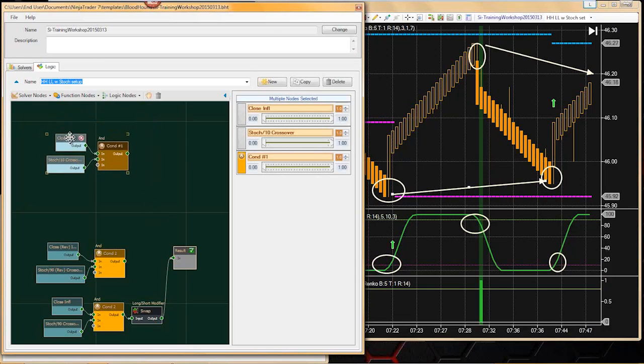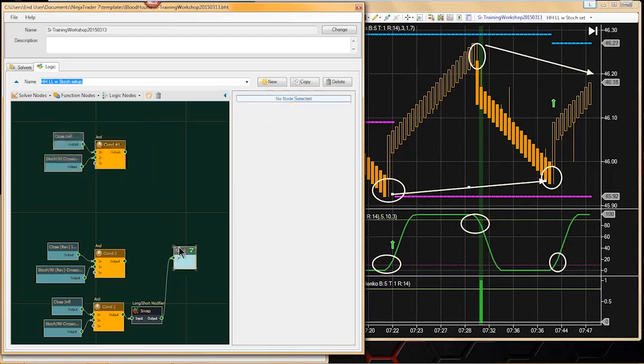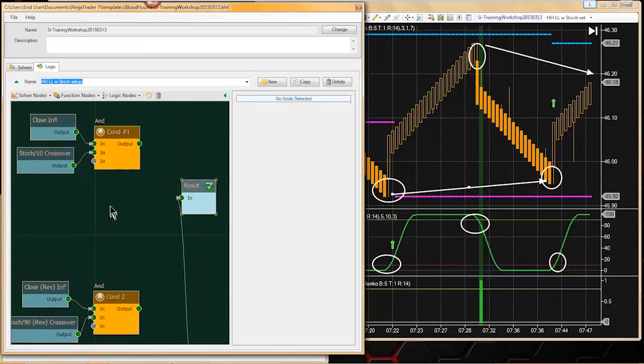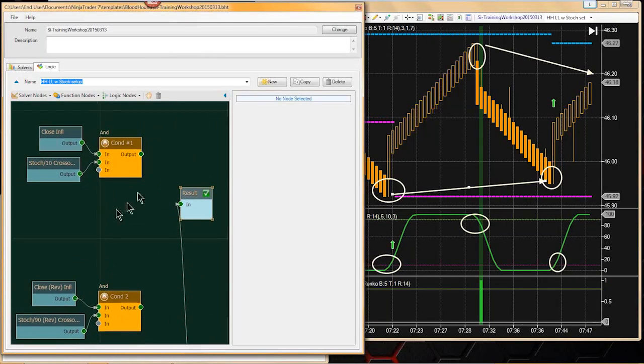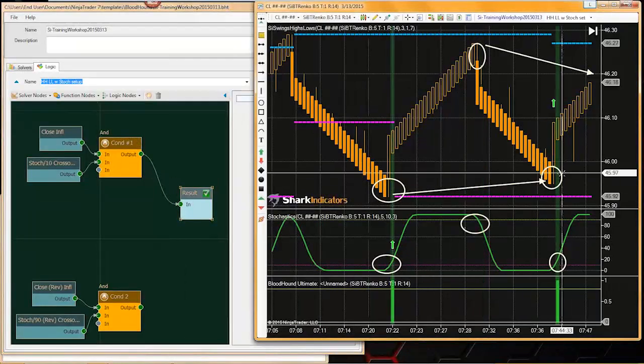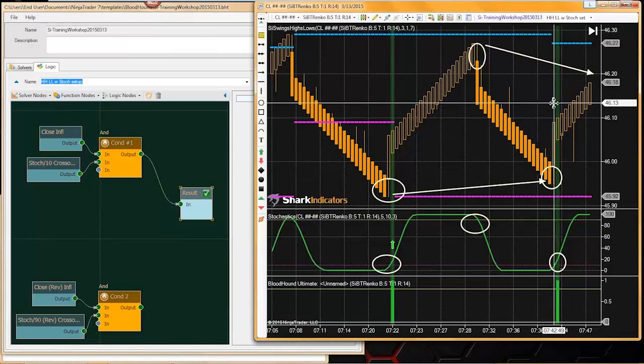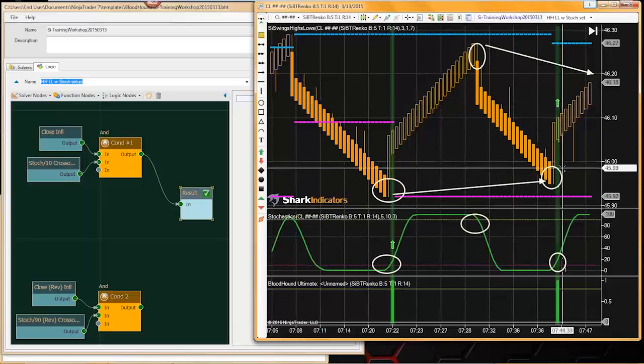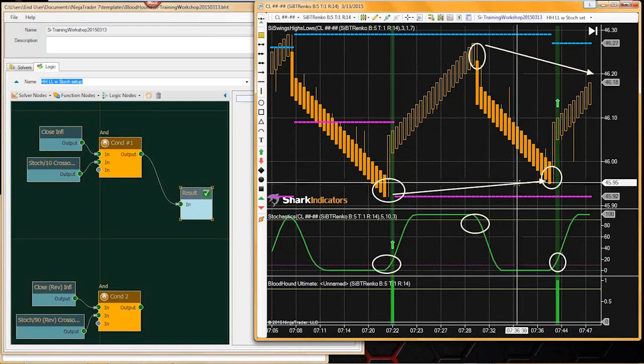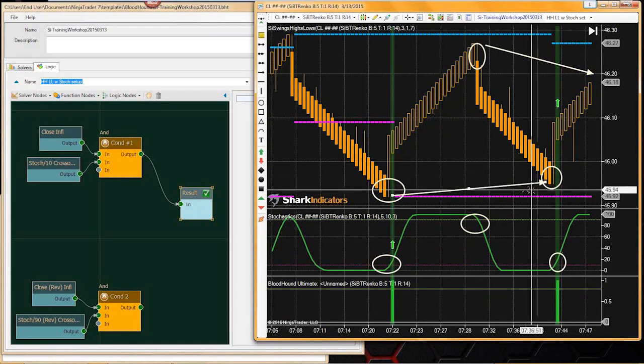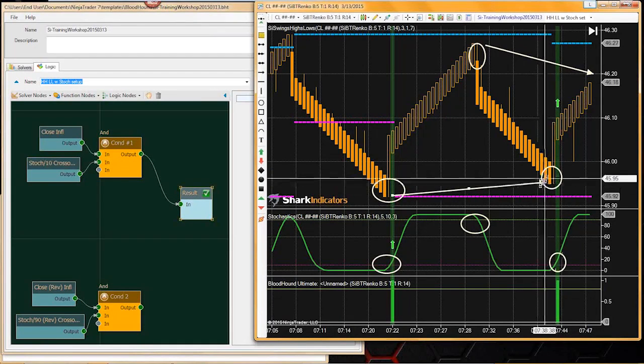Actually, I guess I didn't need to move them that far away. So if we look at condition 1, we can see that we already have a long output over here, but that's not including our higher low point that we're looking for.